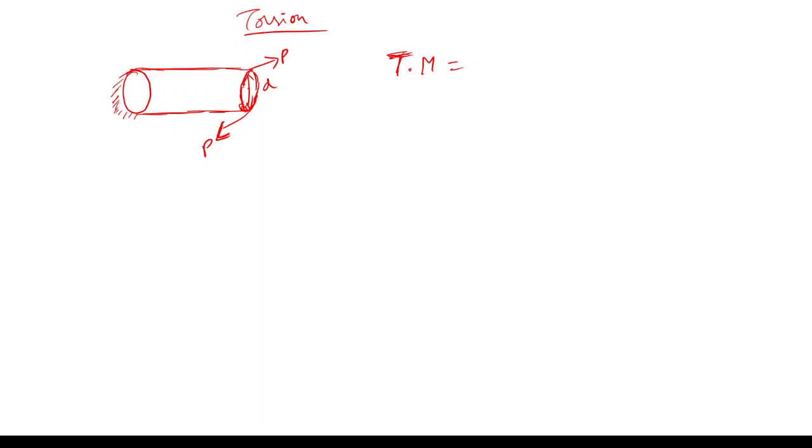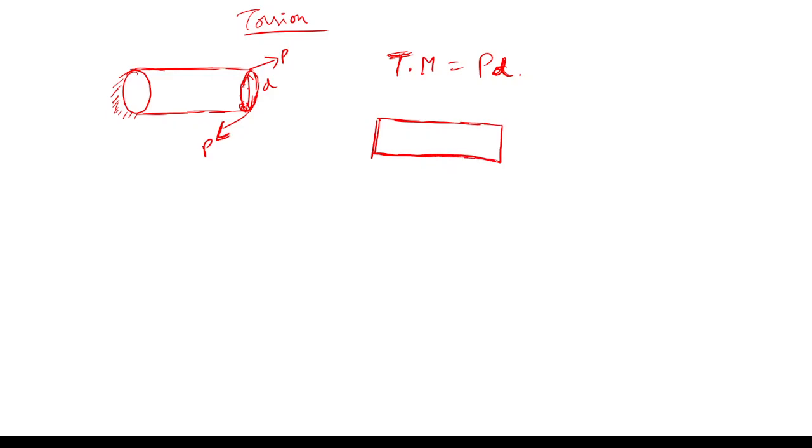If the plane of moment is parallel to the cross section, then it is twisting moment, whereas if it is perpendicular to the cross section, then it is bending moment. So twisting moment will be P into D.